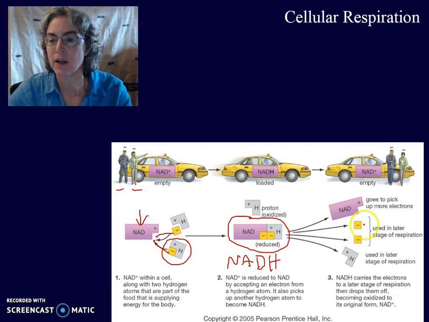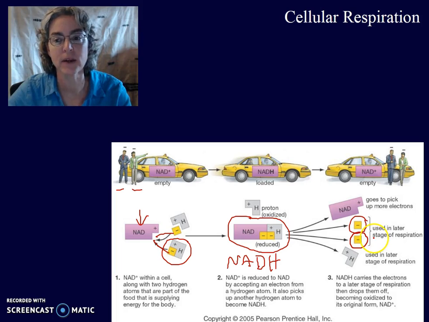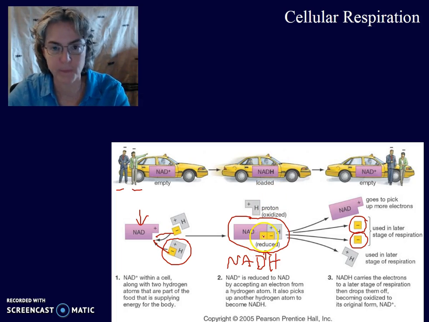And so then our two main characters will come out of the taxi in a later stage of cellular respiration. But for right now, they're getting a ride inside this taxi to their next stop. Okay.